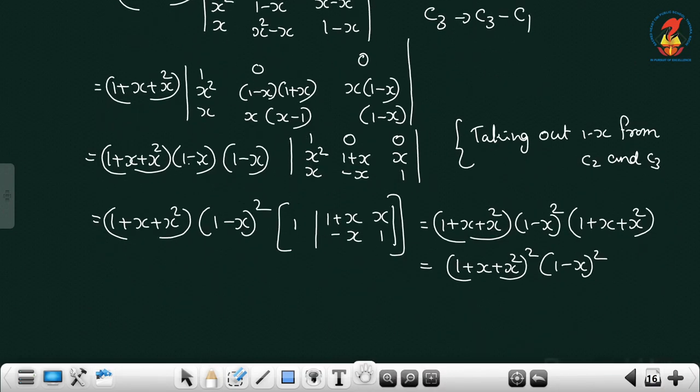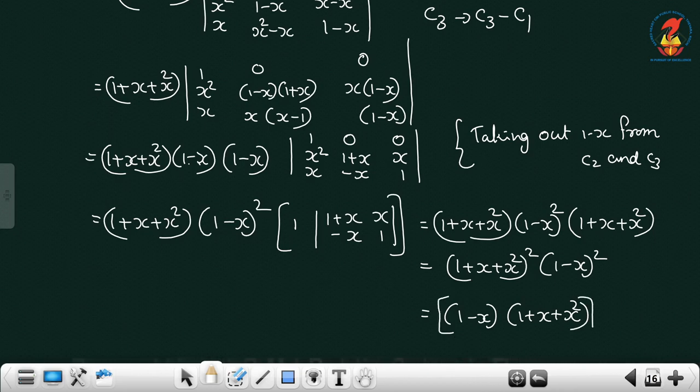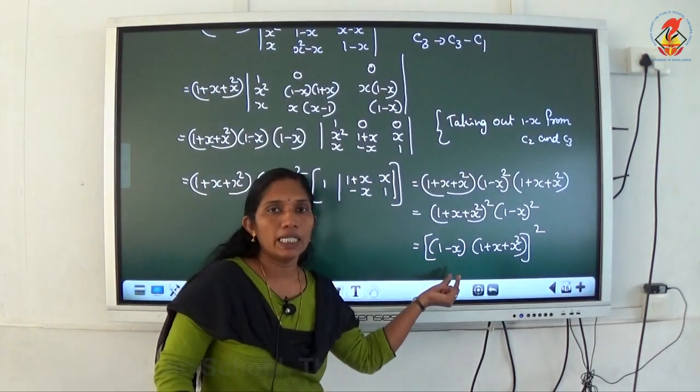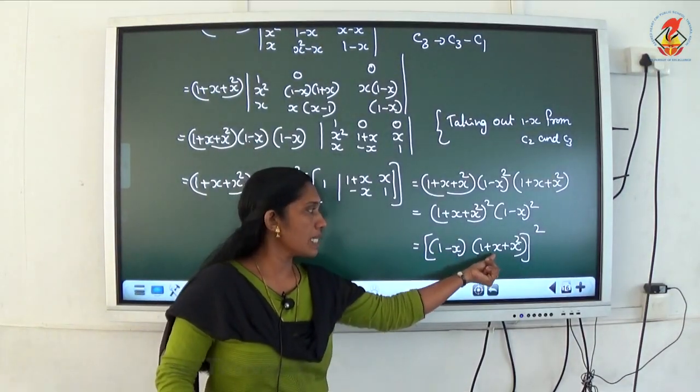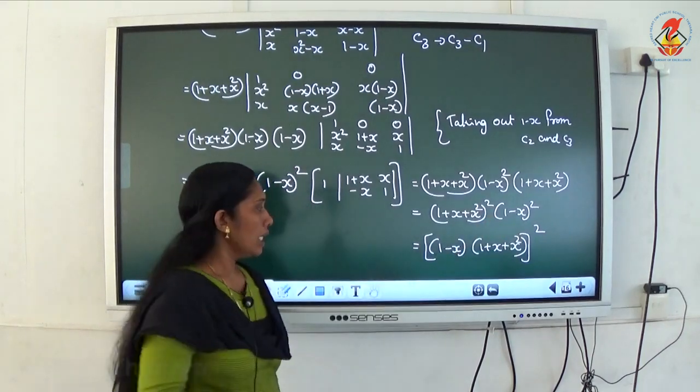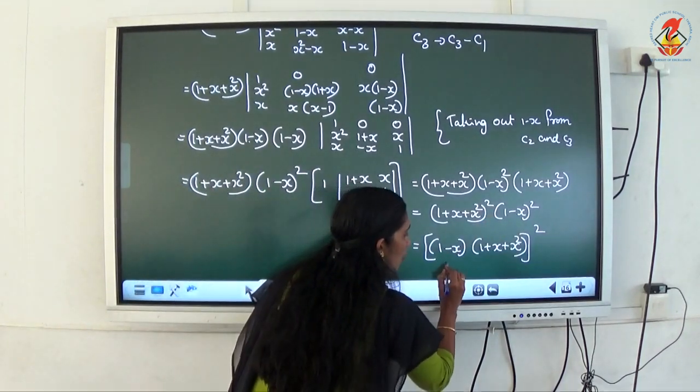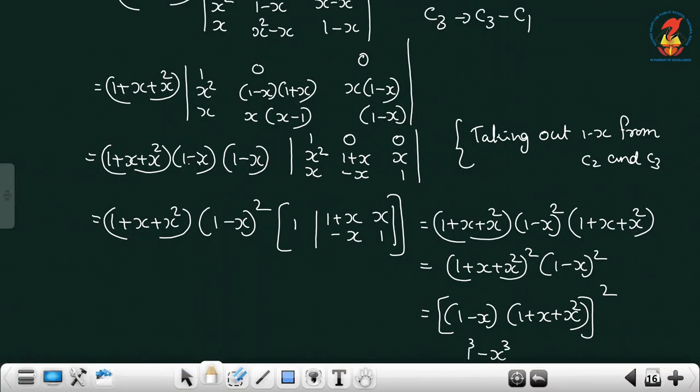That we can combine and write as ((1 minus x)(1 plus x plus x²)) whole square, which is of the form (a minus b)(a² plus ab plus b²), that is a³ minus b³. So it is (1 minus x³) whole square.